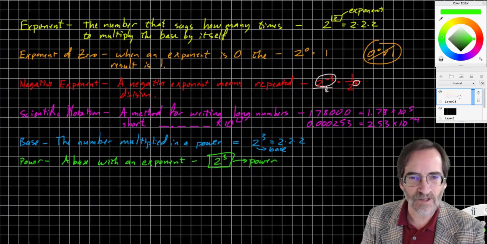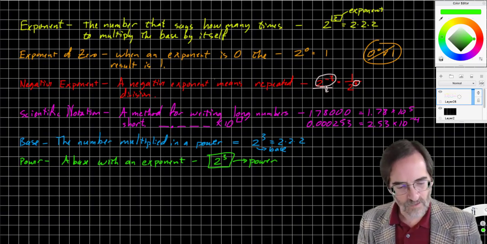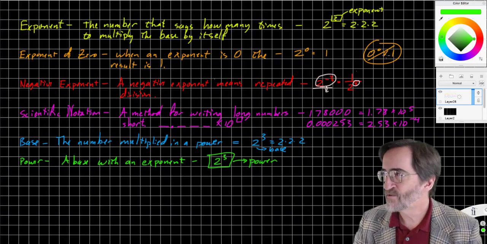Lesson 7, exponential functions. Okay, and there's a keyword. The new keyword there is exponential functions.